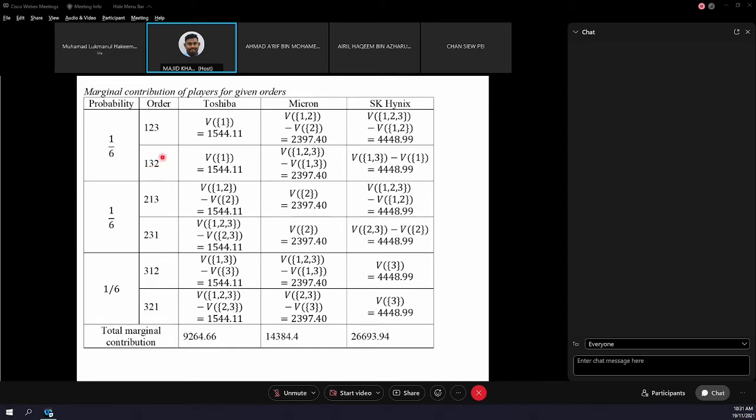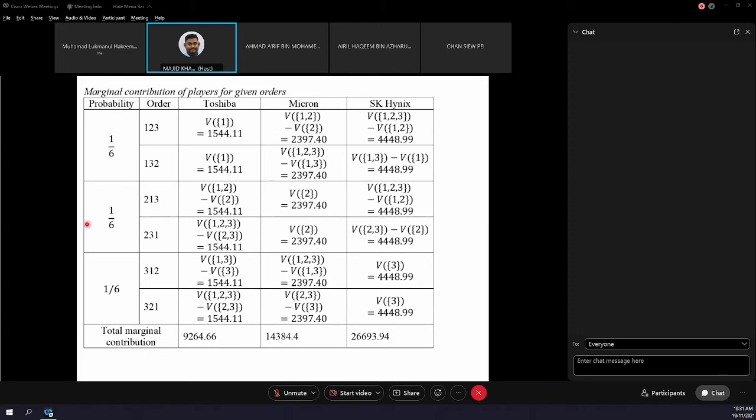This is the first order for number 1. The second will be 2, 1, 3 and 2, 3, 1. And the final will be 3, 1, 2 and another one, 3, 2, 1. So this is the order.